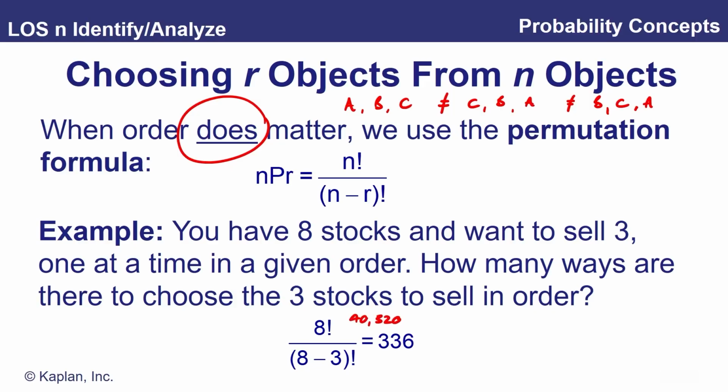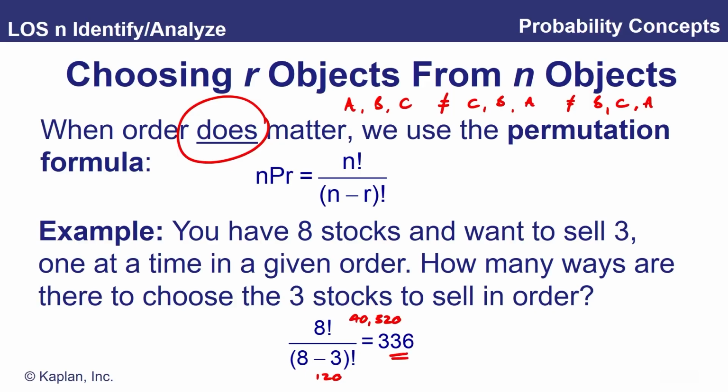Forgotten what that is. Have to do that on my calculator quickly. 120. So 40,320 divided by 120. And we get 336.